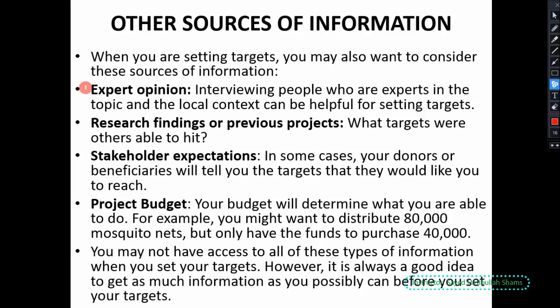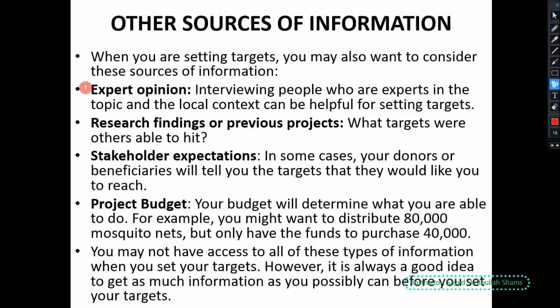They know about the context, and they will help you to set very good and very realistic targets. Besides this, you have history, you have historical trends, you have baseline data, and then you set targets. So you will take the opinion and idea of the expert. This is very good practice during setting of the target.